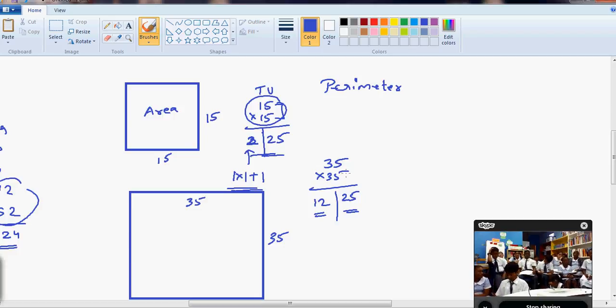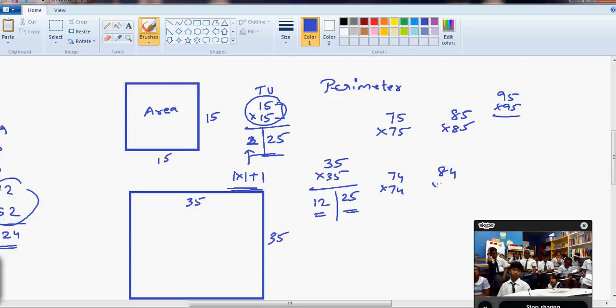Yeah. So can we use this for doing something like 75 times 75, 85 times 85, 95 times 95? Do all these numbers follow the pattern? Yeah. What about 74 times 74, 84 times 84? Do they follow the pattern?